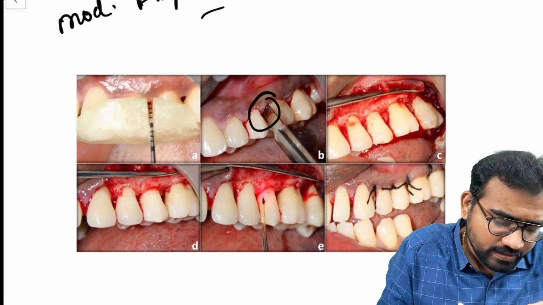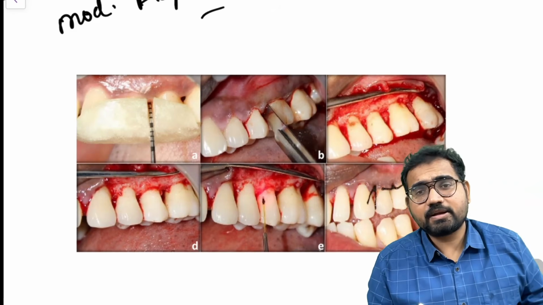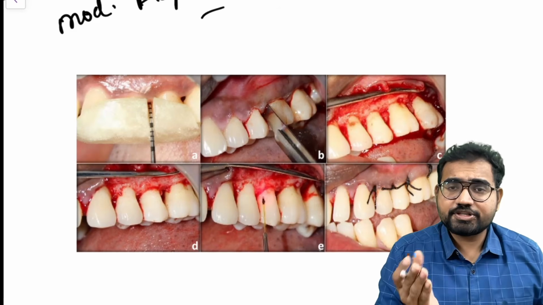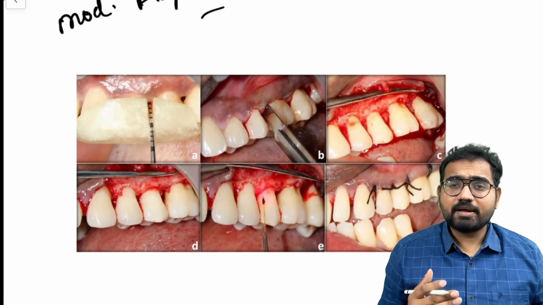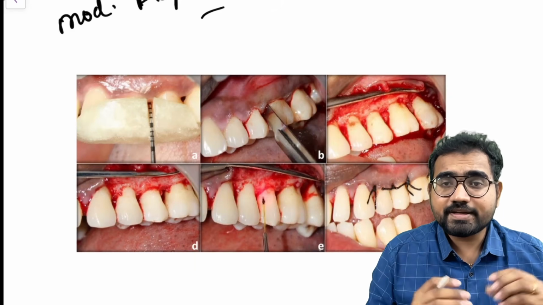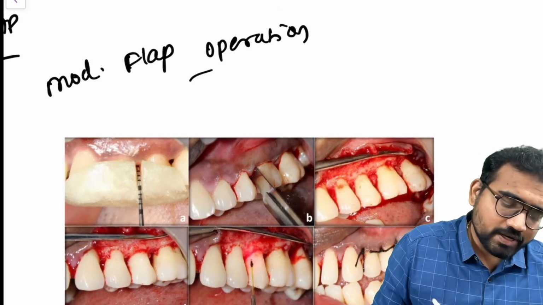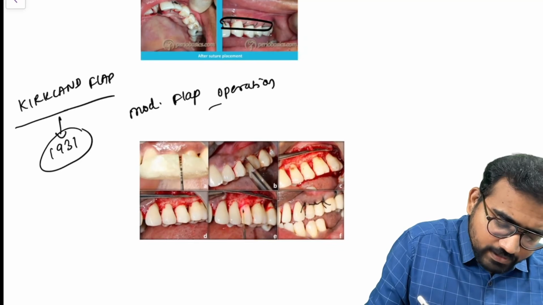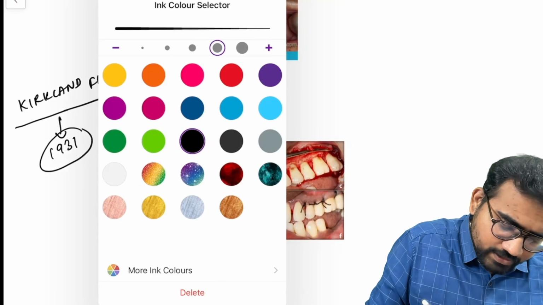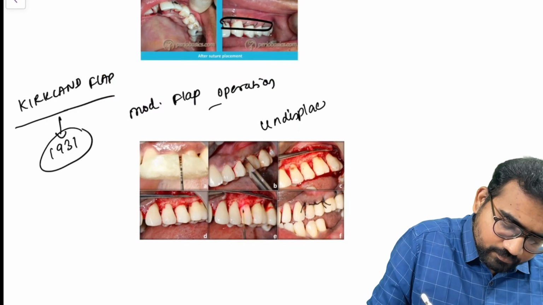As you can see here, I'm inserting the blade into the sulcus, entering the interdental papilla, breaking the connection between the papilla, and then raising a full thickness mucoperiosteal flap, doing a nice debridement, and suturing it back to the original position. In this way, it again becomes an undisplaced flap.